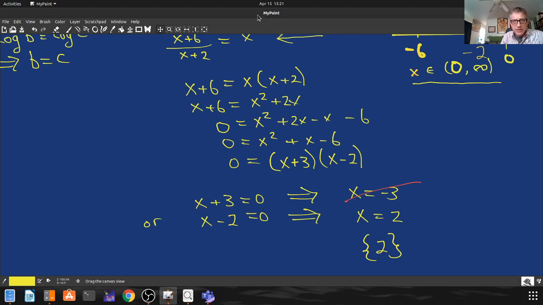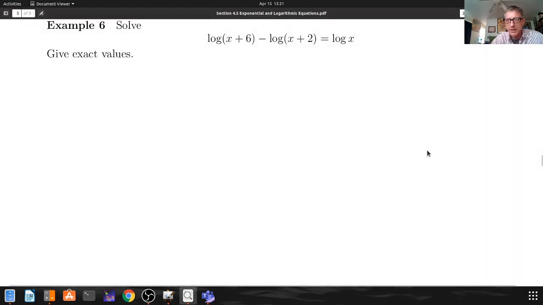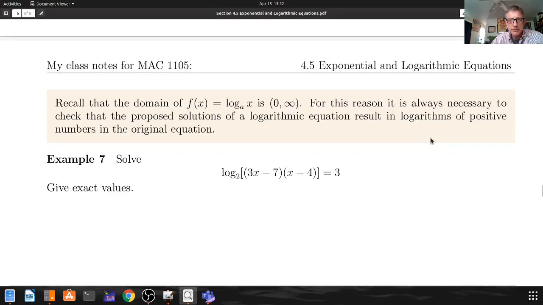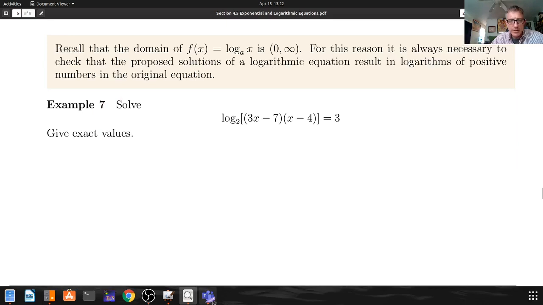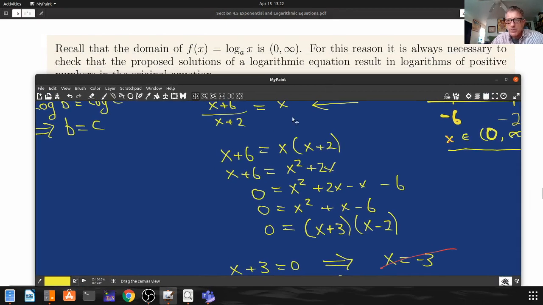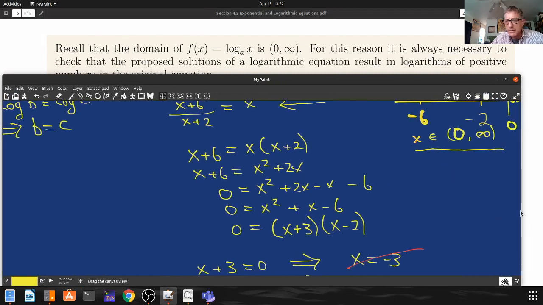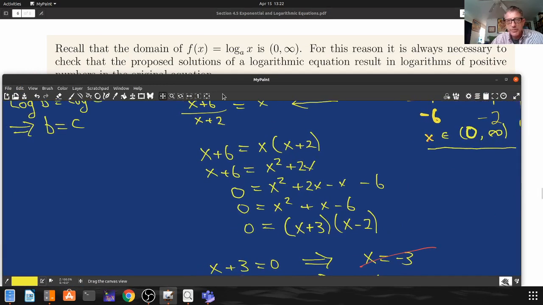And here I'm reminding you of what I just talked about. So the domain of the logarithm is all positive numbers. So everything has to be greater than 0.